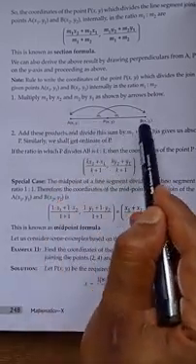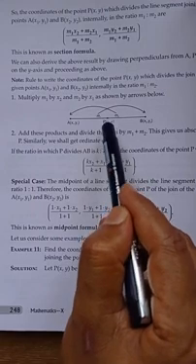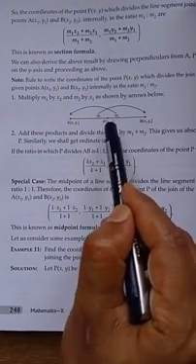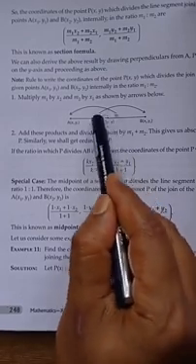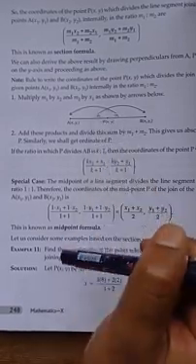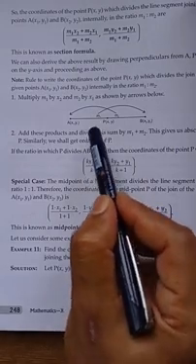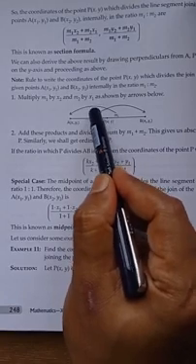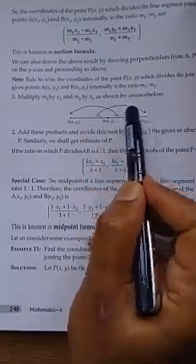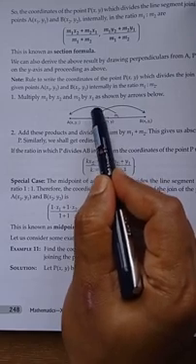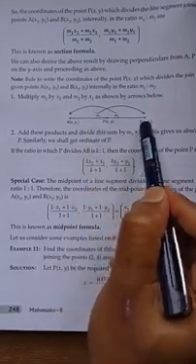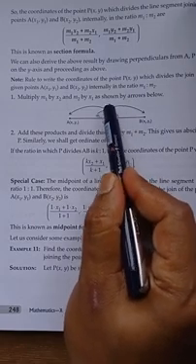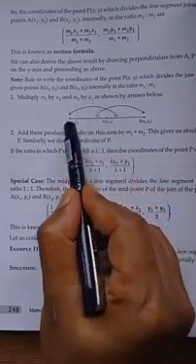This is the rule to write the coordinates of P. So how to find x? Whenever you are going to find this point using the section formula, for finding the x, you multiply m1 by x2, and then multiply the number given here with the first number of this, that is x1.